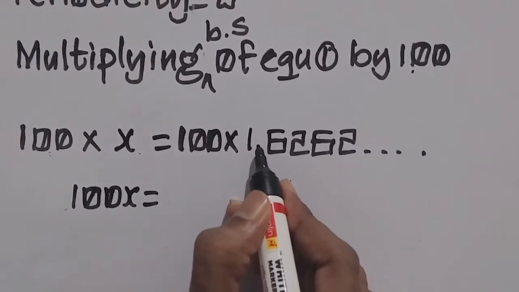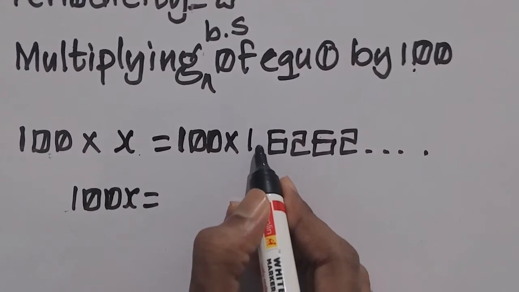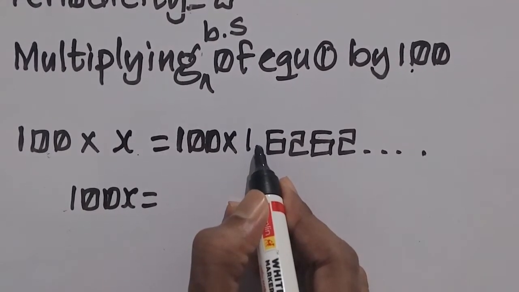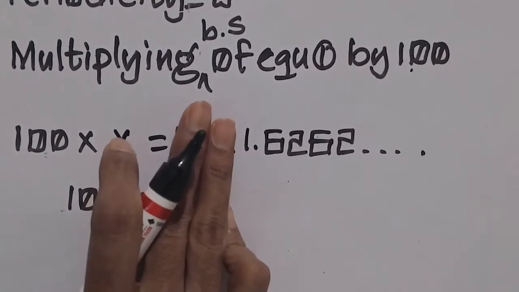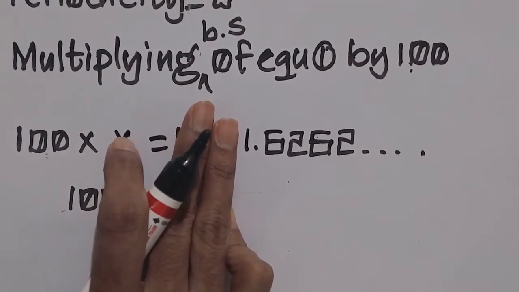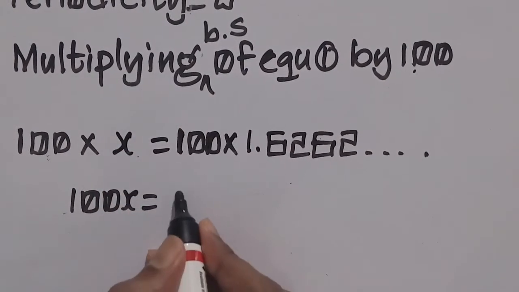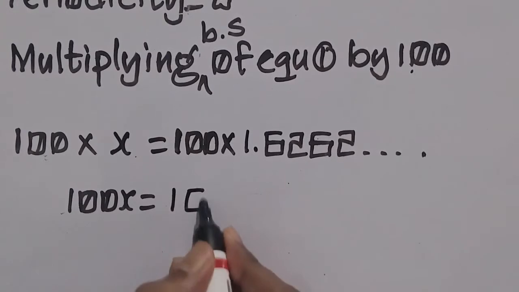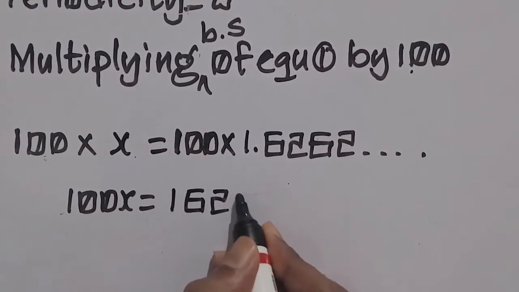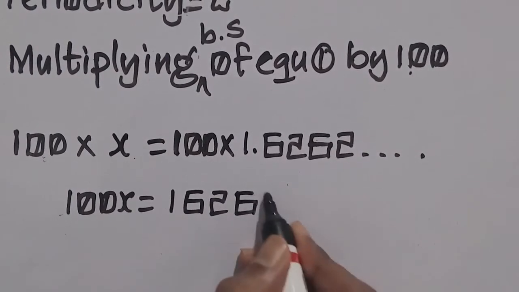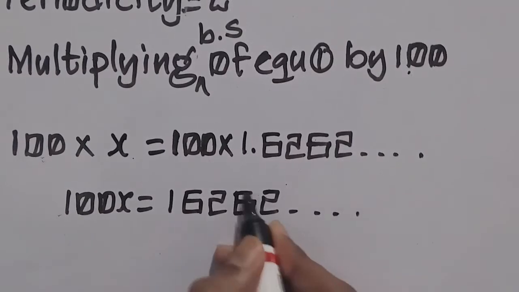Once you ignore the decimal point, without the decimal point you write the total 16262 and so on. This is the technique.